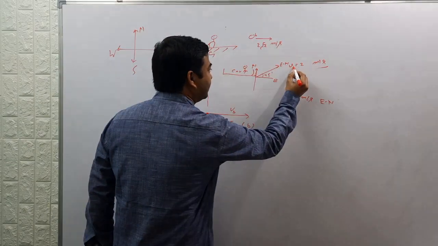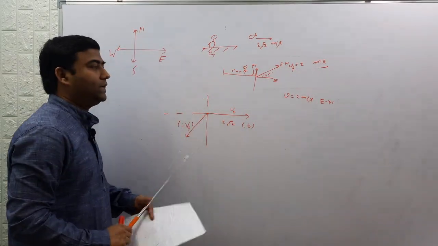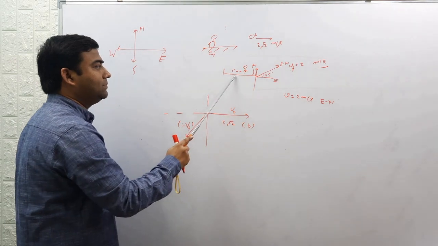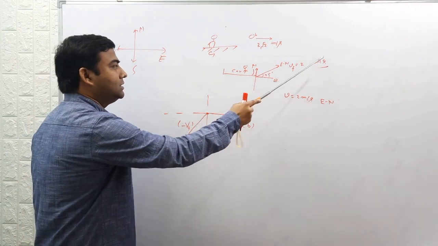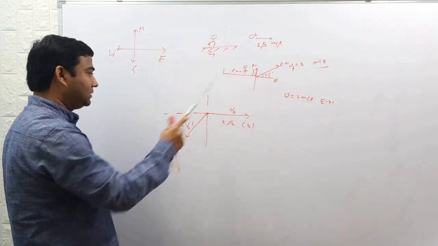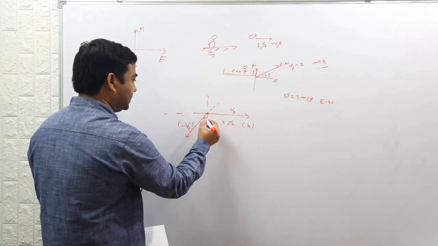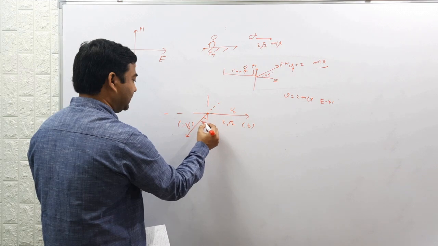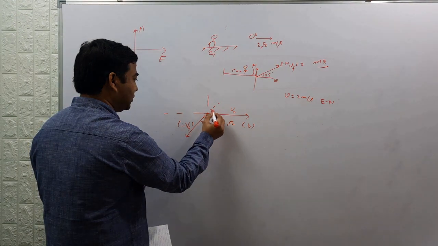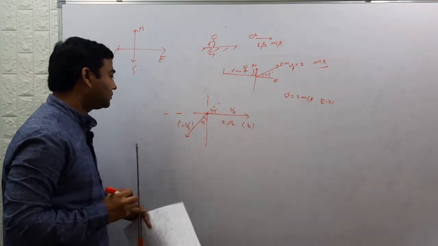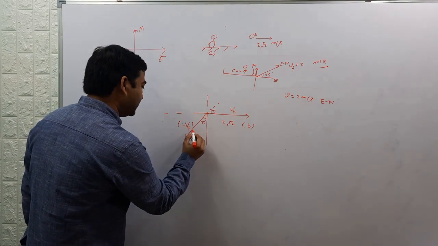This was Vf, velocity of frame. Velocity of frame, that is car, is this. So minus Vf is this, reverse of this vector. So this angle will also be 45 degree because this was 45. And this is 2 meter per second.